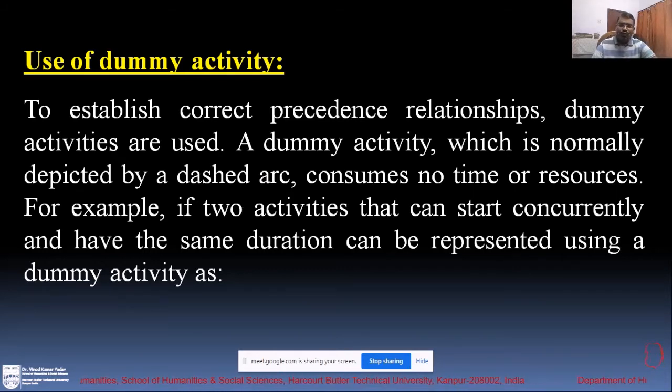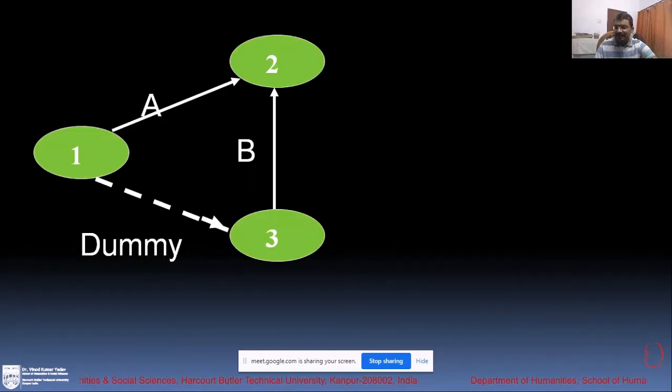If two activities can start concurrently and have the same duration, they can be represented using a dummy activity, look at this. Now A is an activity and B is an activity, and A and B are ending at node 2.